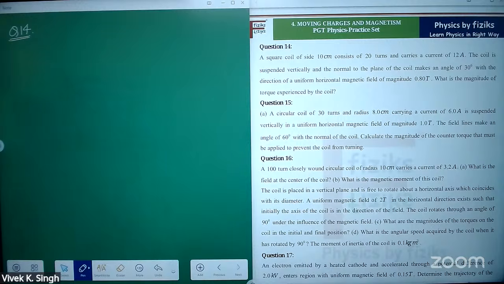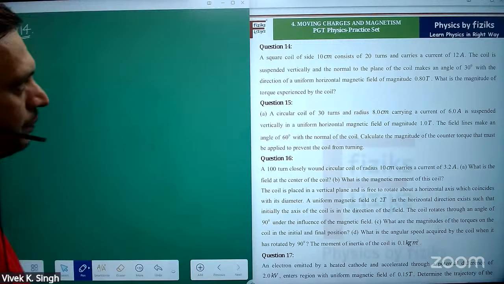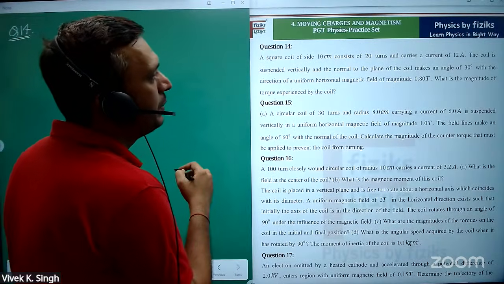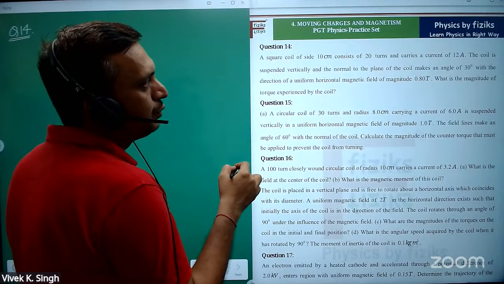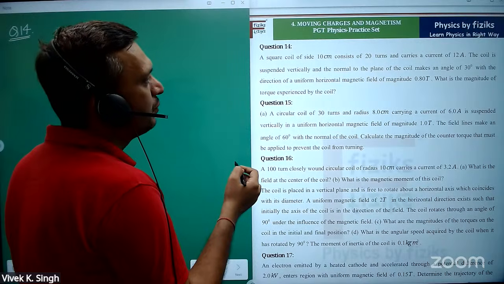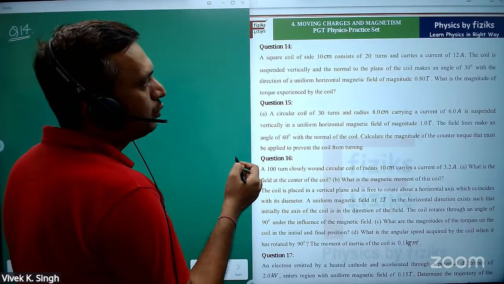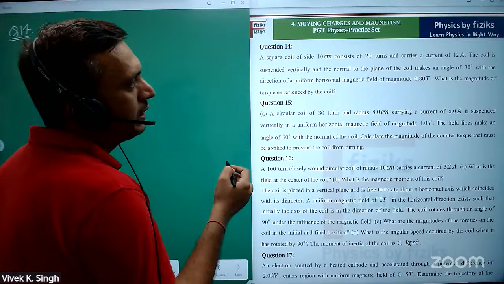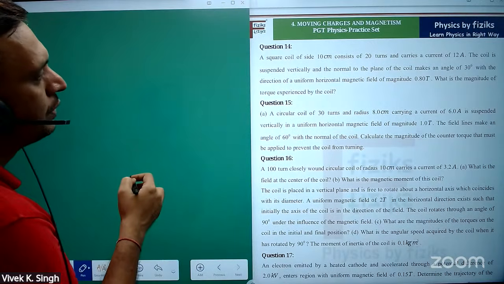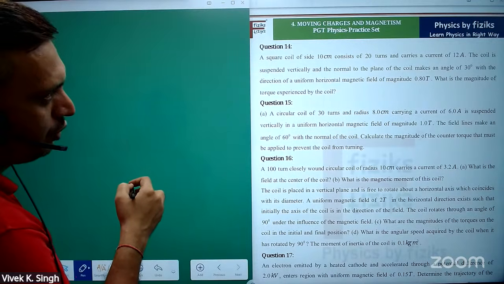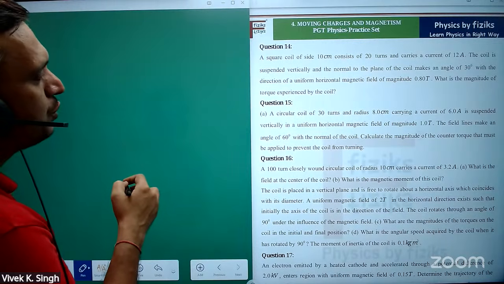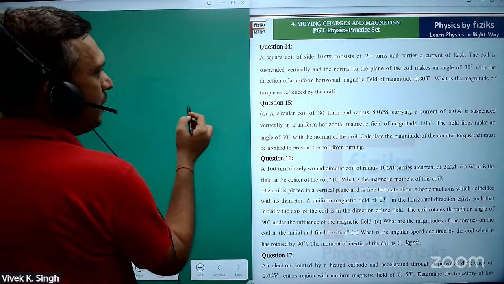So it's a square coil of side 10 centimeter, consisting of 20 turns and carrying a current of 12 ampere. The coil is suspended vertically and the normal to the plane of the coil makes an angle 30° with the direction of a uniform horizontal magnetic field of 0.80 Tesla. What is the magnitude of the torque experienced by the coil?